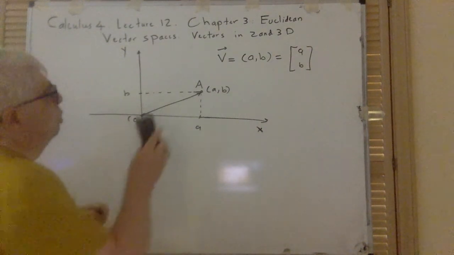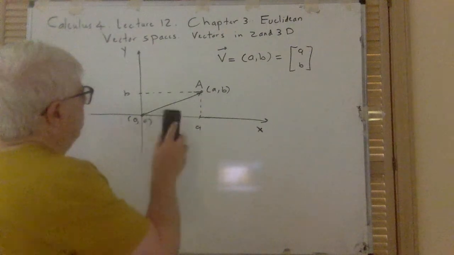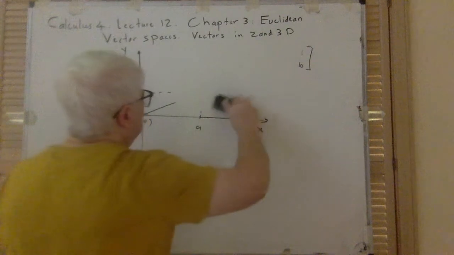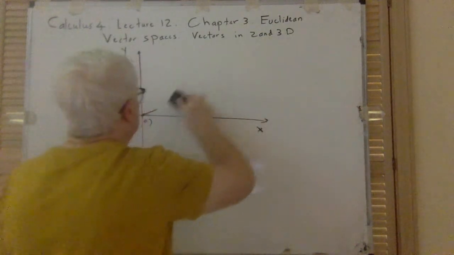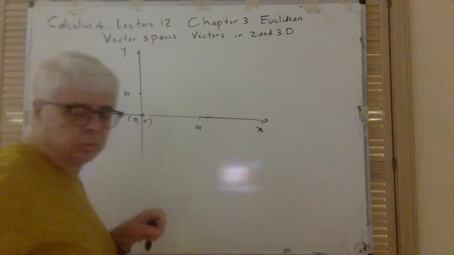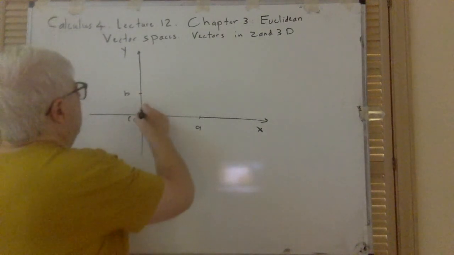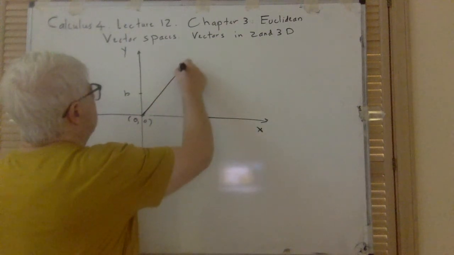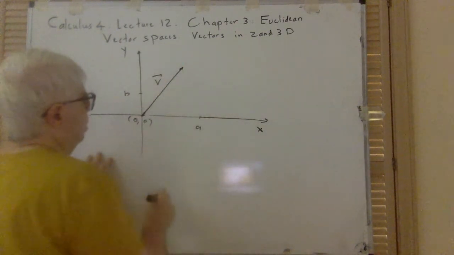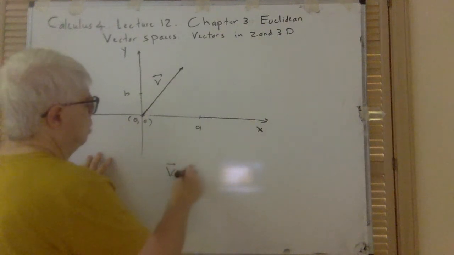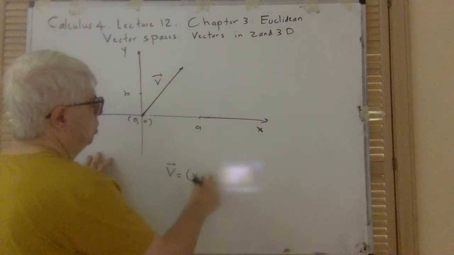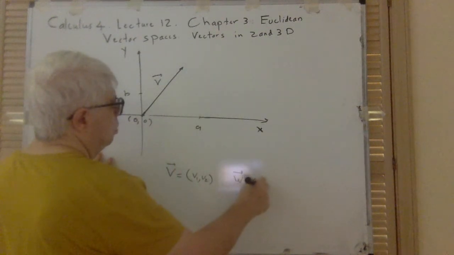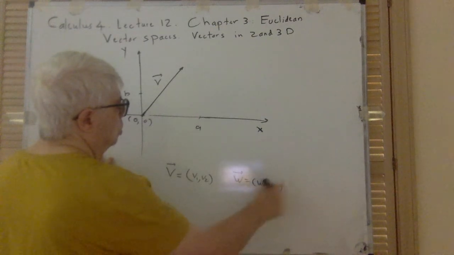So let's see what addition of vectors means. This is in fact the picture, so let me make more space here. I want to add two vectors, say vector V, with V = (V1, V2), and vector W, which is (W1, W2).